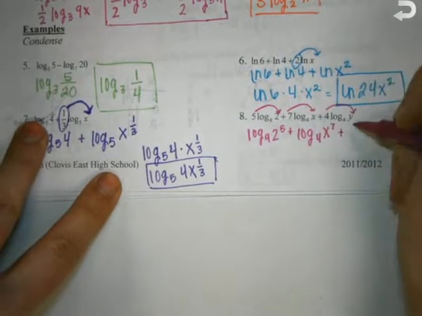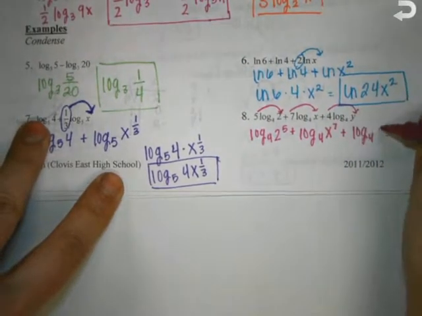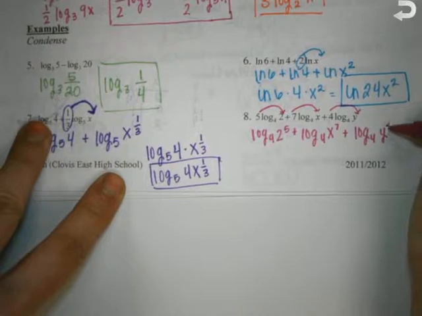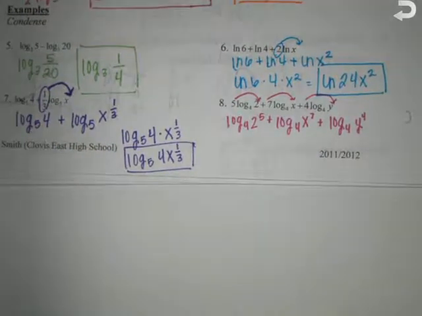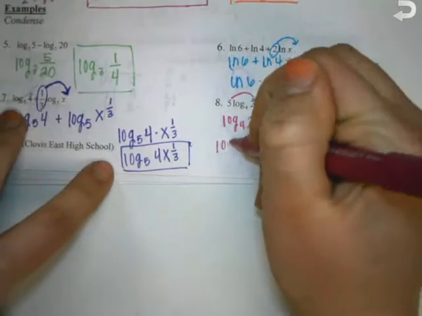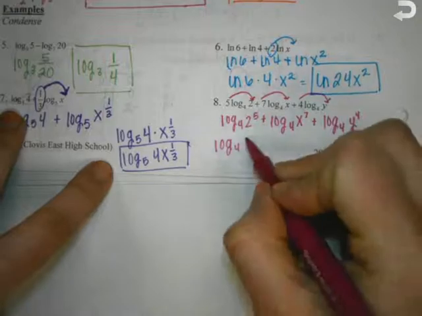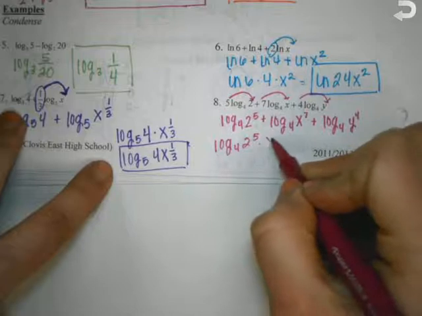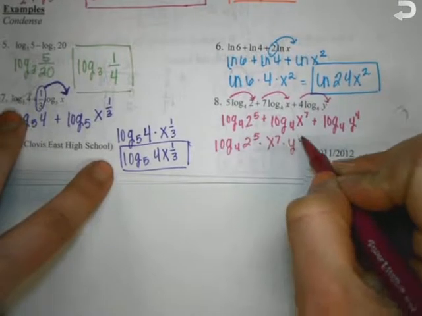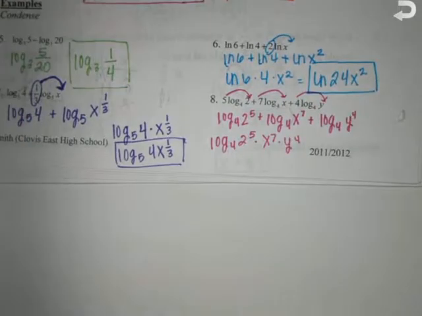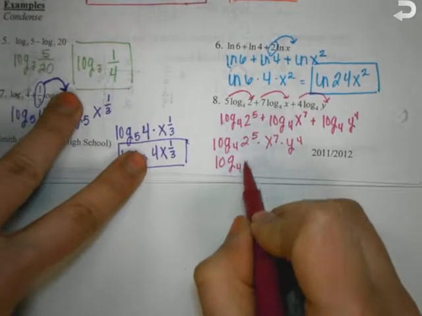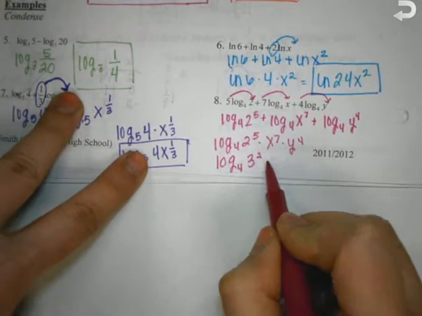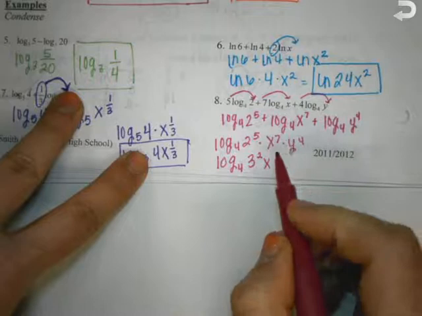Okay, so I'm adding all of these logs together. So what rule is that now? Product rule. So what we're going to do is multiply all of these. Log base 4 of 2 to the 5th times x to the 7th times y to the 4th. And 2 to the 5th is 32. So this is log base 4 of 32 x to the 7th, y to the 4th.